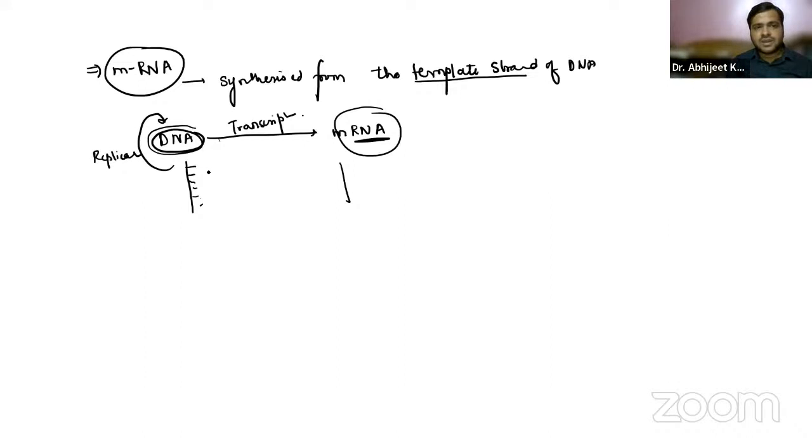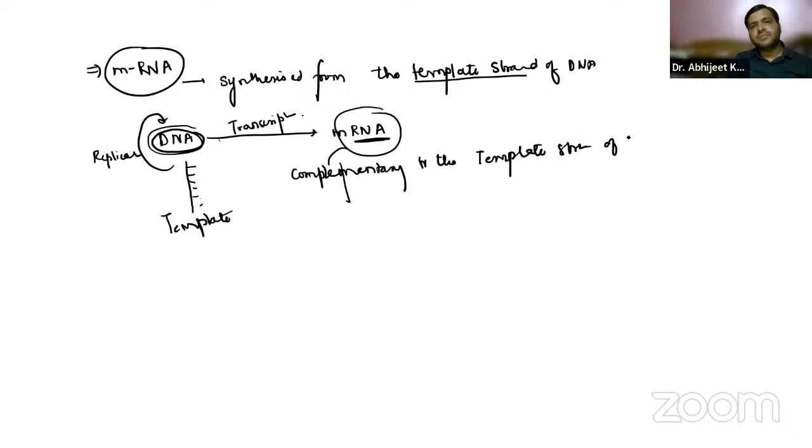Remember the mRNA which is synthesized is complementary to the template strand of DNA. We have already discussed that DNA is the carrier of genetic information, and whatever genetic information is in the DNA is transcribed into mRNA.